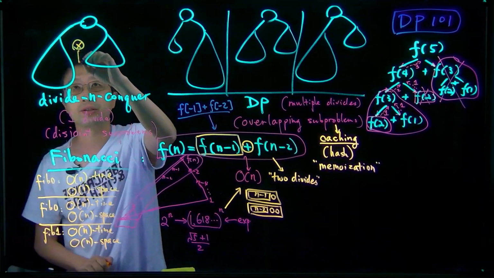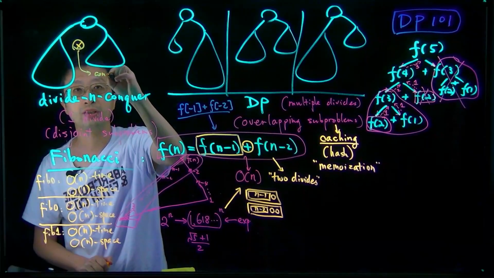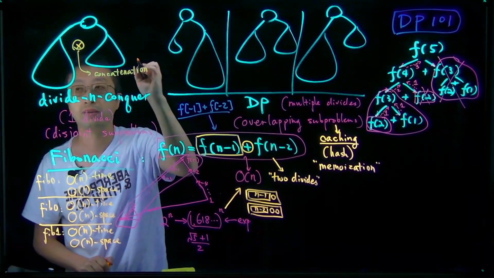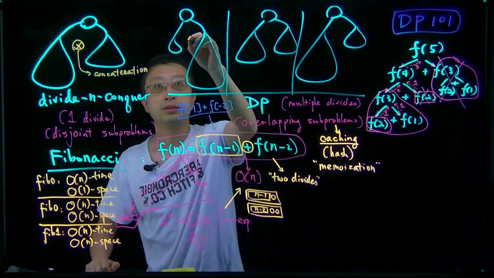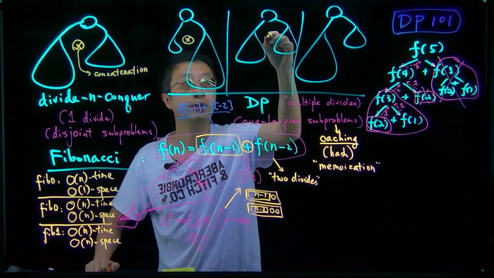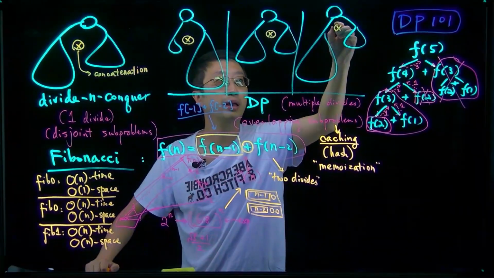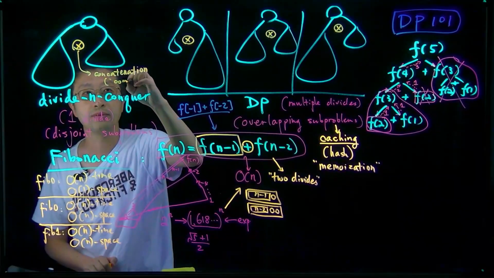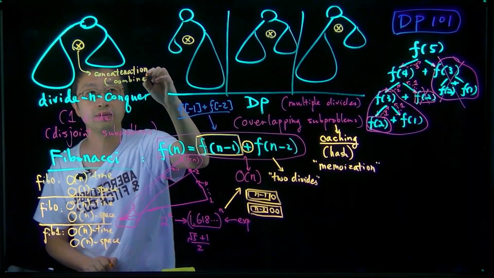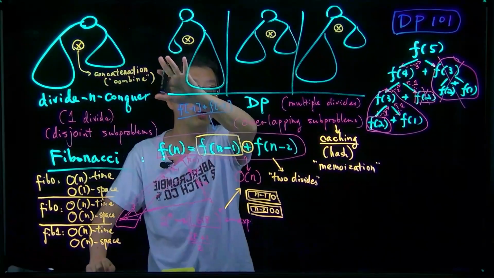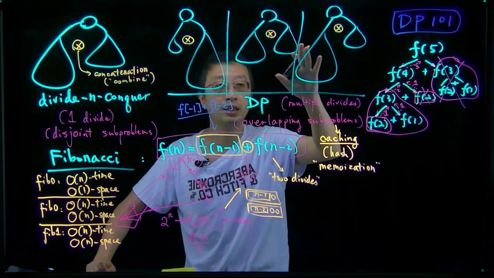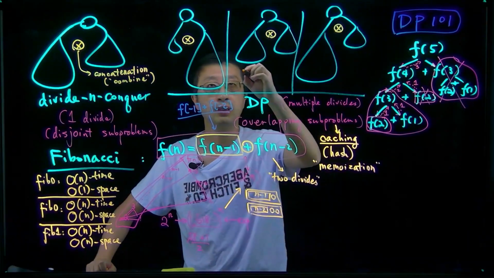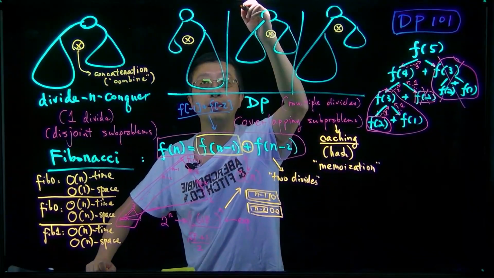So this is the concatenation operator, so divide and conquer and combine, or in other words, combine. But across the different divides, you need another operator, which is the plus operator, called a summary operator.